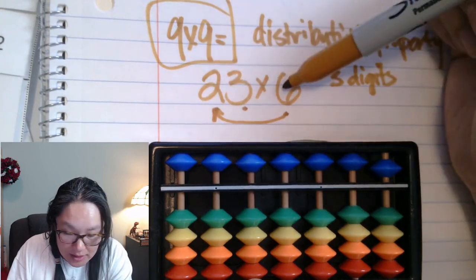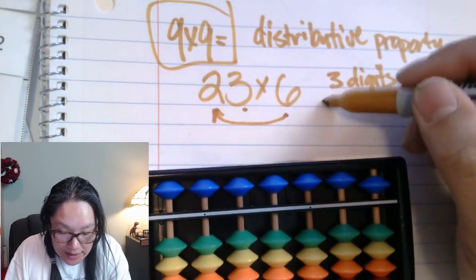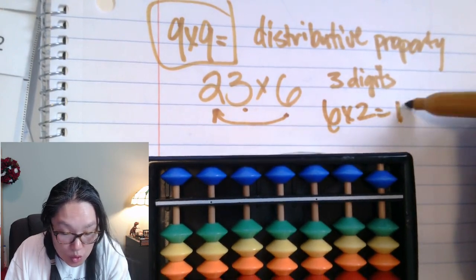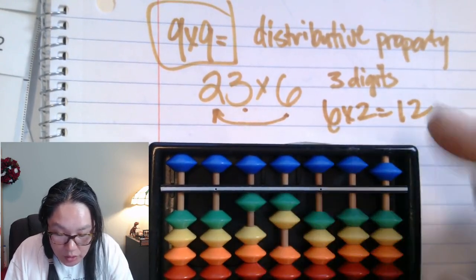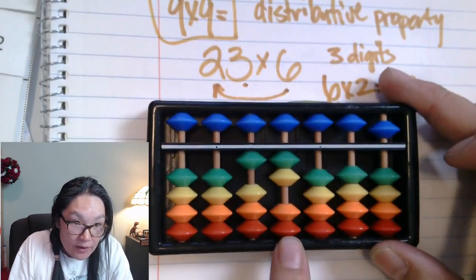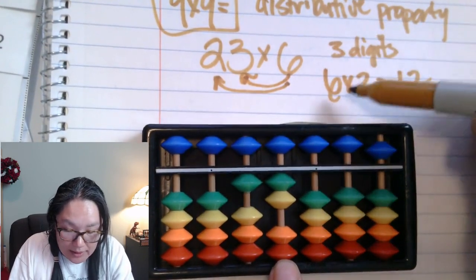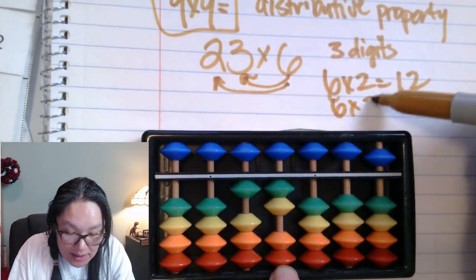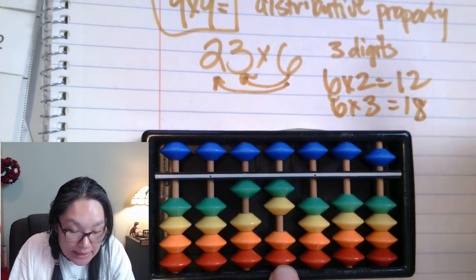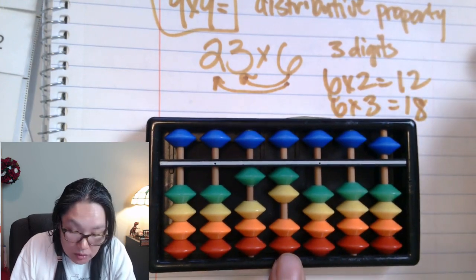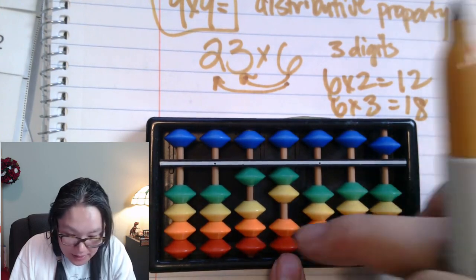So what we say is 6 times 2, right? 6 times 2 is equal to 12. We add 1, we add 2, okay? I'm going to keep my finger here, and then what's the next number? Well, 6 times 3. 6 times 3 is equal to 18. Do I have enough to add the 1? Yes.